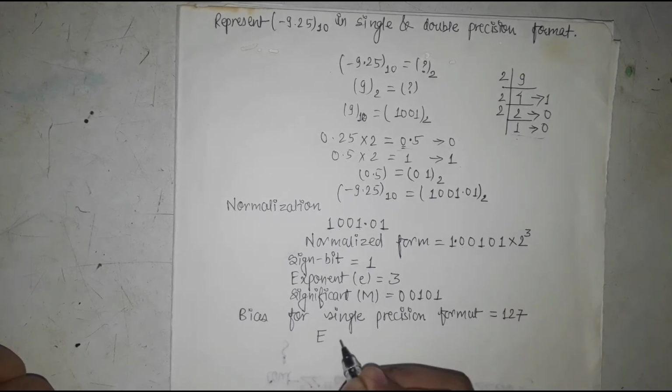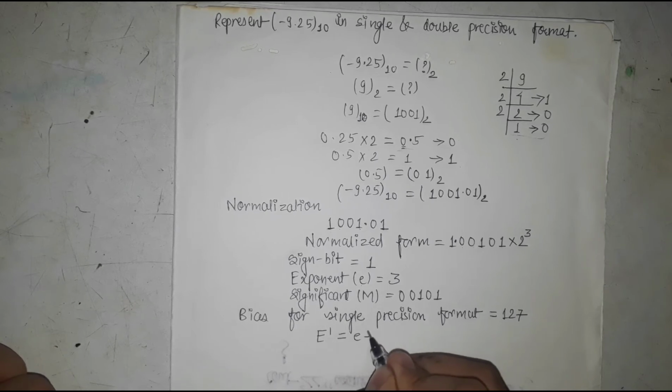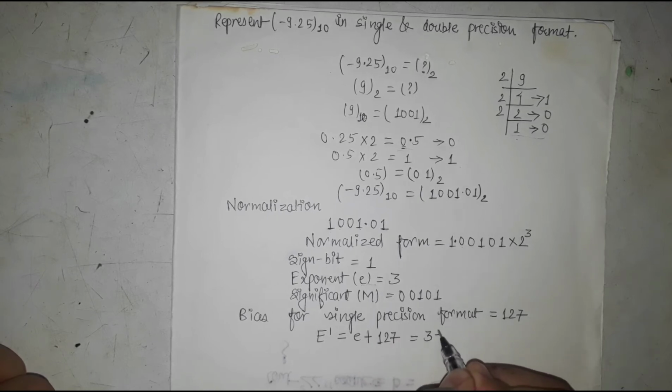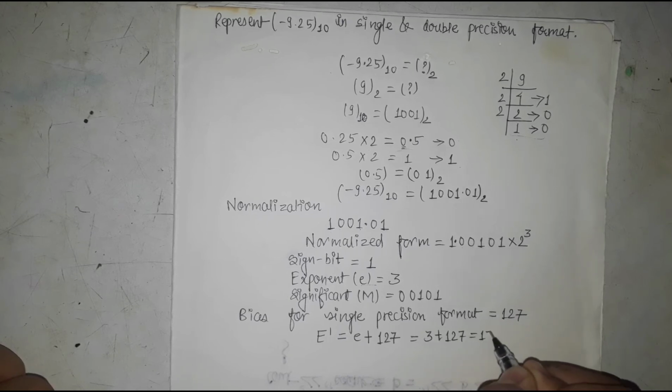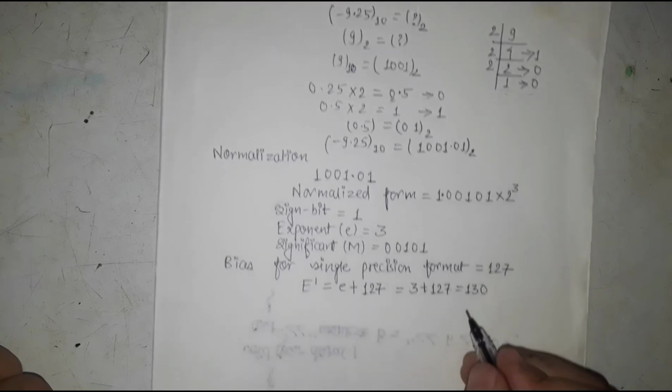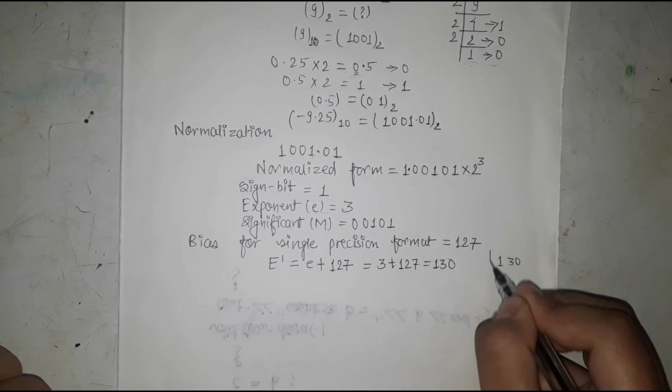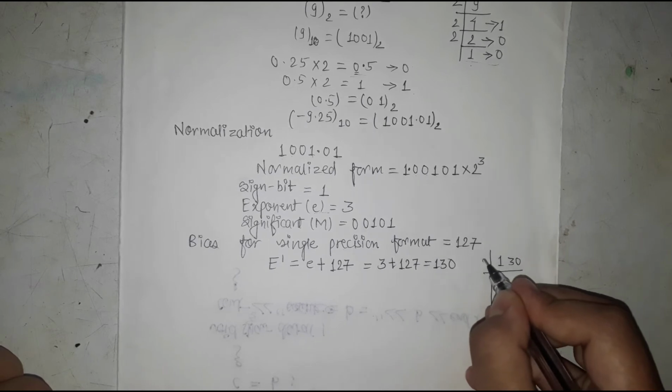So here's e, which is going to be our final exponent, and we'll have to add the bias to the exponent. So our exponent was 3, and we would add this to get 130. So we will again have to convert this 130 into binary form. So this would be something like this.